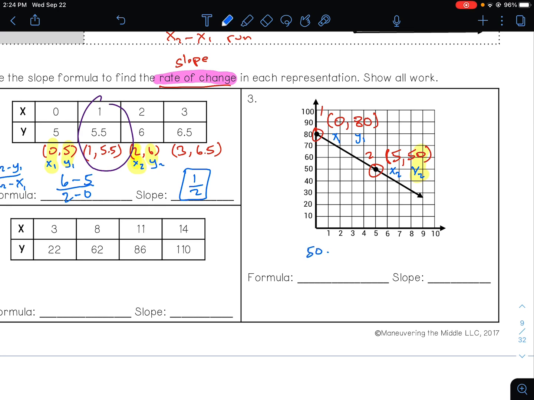So 50 minus y1, which is 80, divided by x2, which is 5, minus x1, which is 0. So 50 minus 80 is negative 30. 5 minus 0 is 5. Oh, we can simplify that. What is negative 30 divided by 5? That is negative 6. So our slope is negative 6.